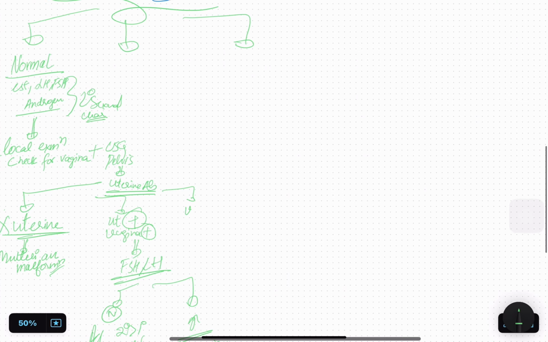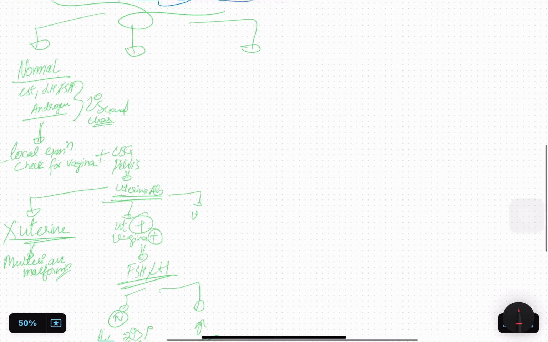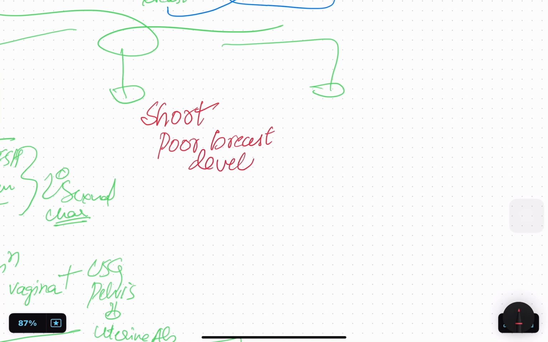Now the second category. So it's normal. Now we'll talk about short. I know you have already told the diagnosis. So short and poor breast development implies what? Poor breast development implies reduced estrogen. Correct.